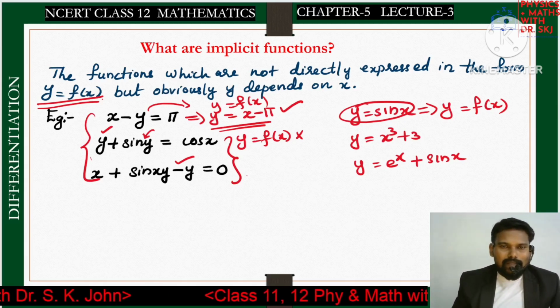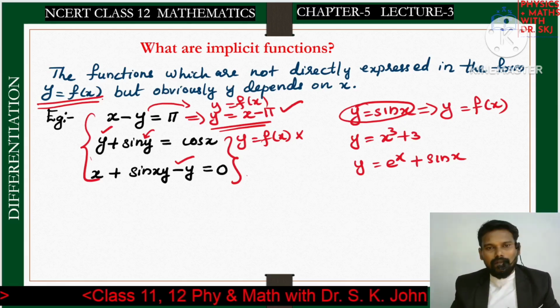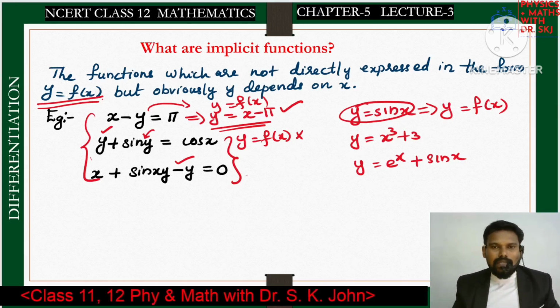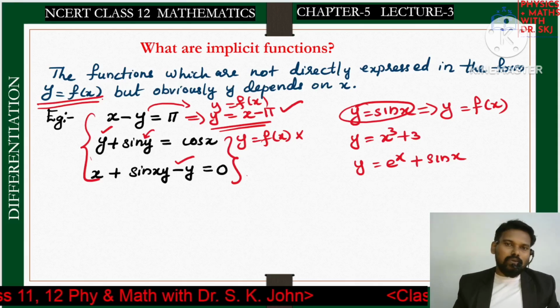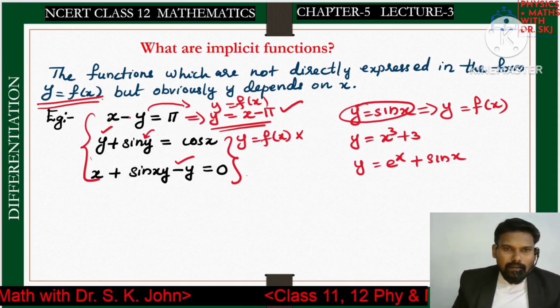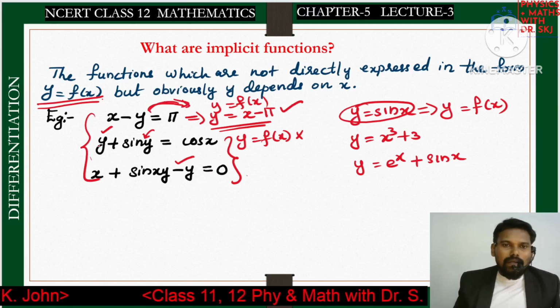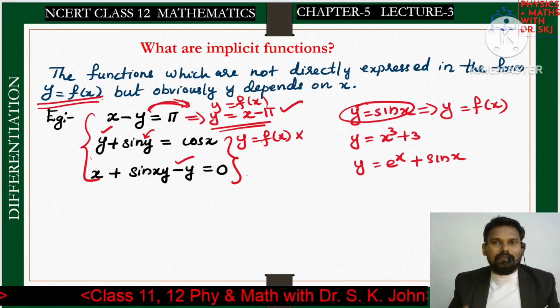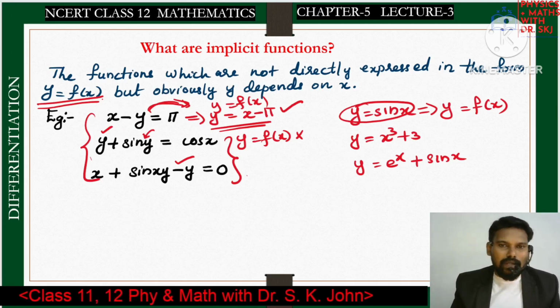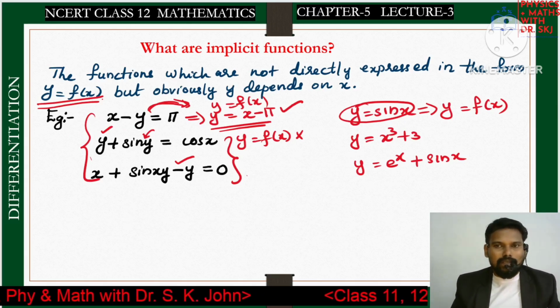That means the relation of x and y is very clear, or evident, but in some cases it is not easy to express y in terms of x, while in some cases we can write y in terms of x. Anyway, when these functions are given as relations between x and y, or in the form of equations, we say these functions are implicit functions.